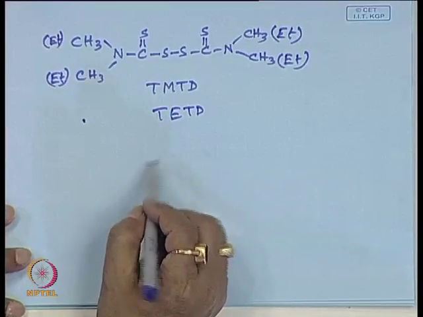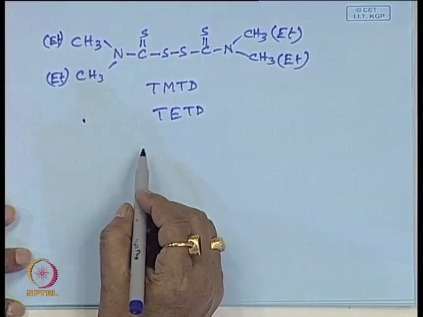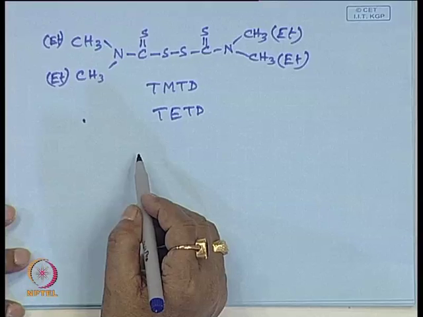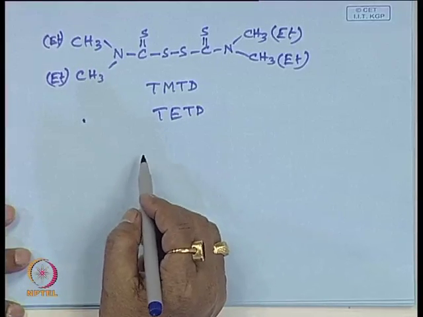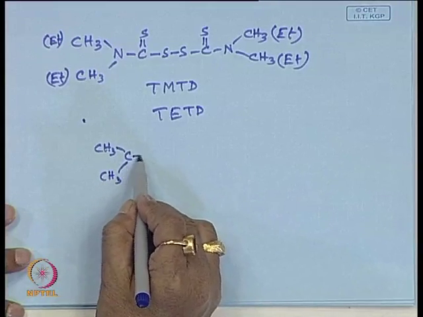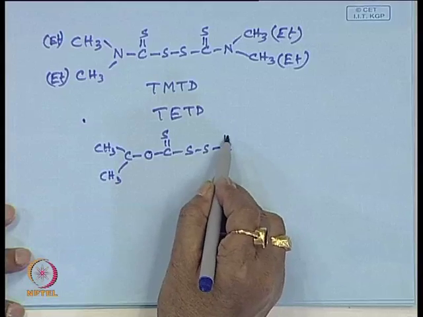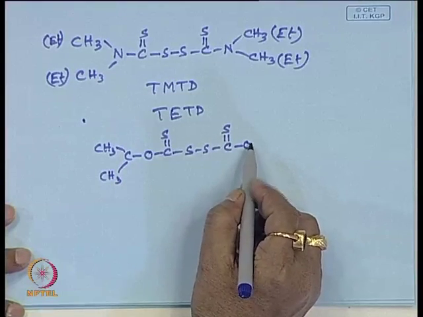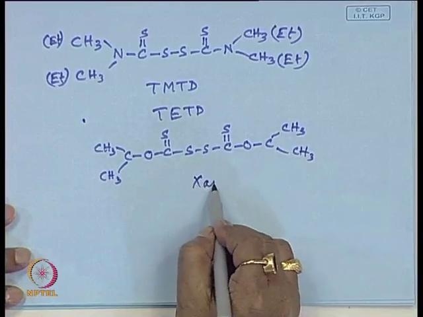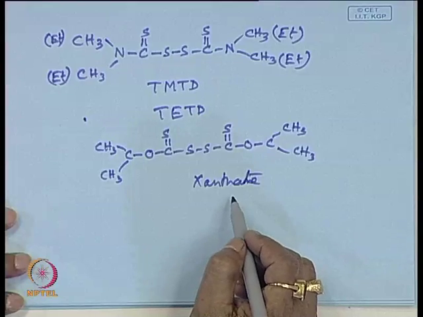Then xanthates are again the same type of formula. This is a xanthate accelerator.